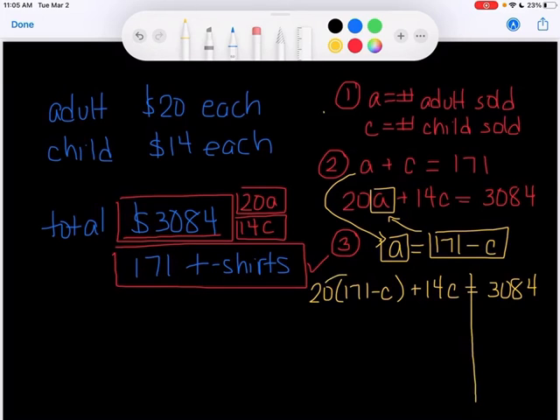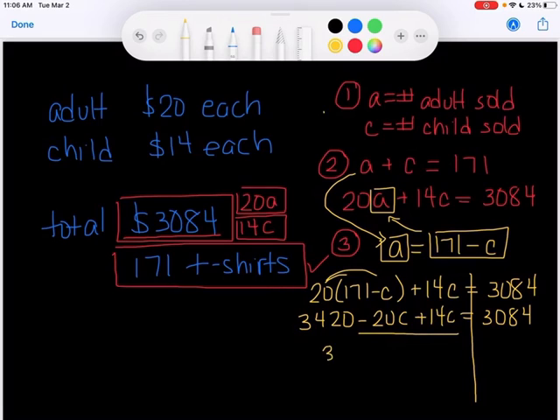So I'm going to distribute here. I get 20 times 171, which is 3,420, minus 20C plus 14C equals 3,084. I can combine these here.